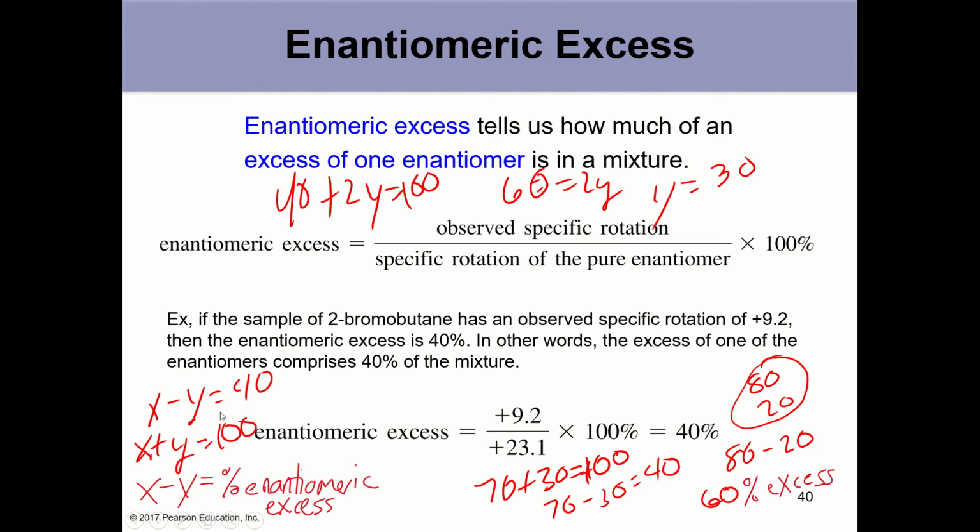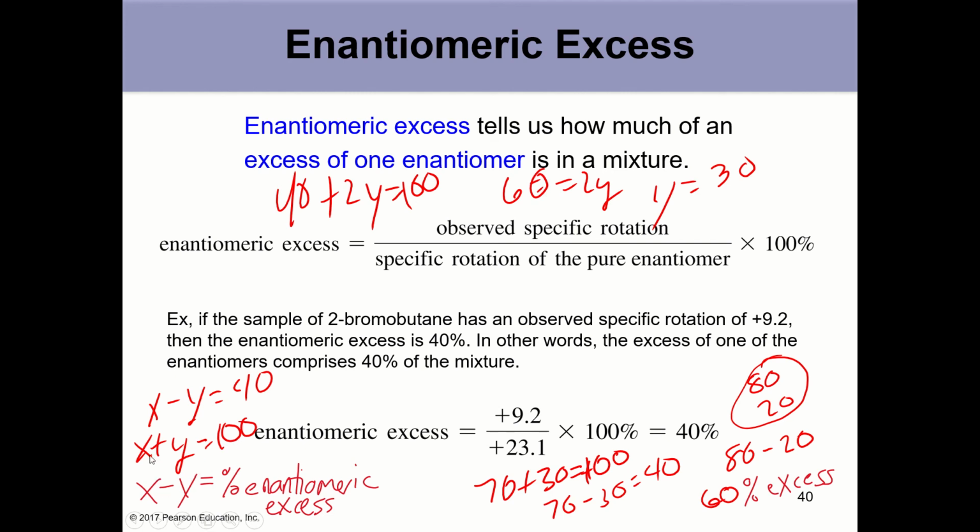So the math problem that I prefer to do is to say, if I have a 40% excess of our clockwise rotating enantiomer, then I can come up with two formulas: x minus y is equal to 40%, and x plus y is equal to 100.